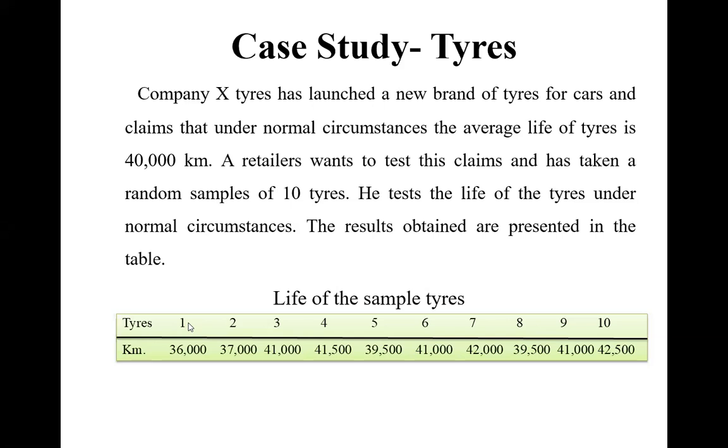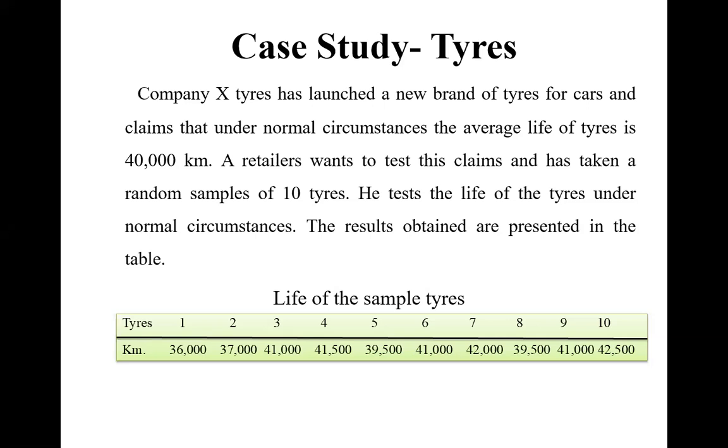First tire, 36,000 kilometers. Second tire, 37,000 kilometers. Third tire, 41,000 kilometers. Fourth tire, 41,000 kilometers. These are the observations he obtained, and he is testing the population median here.